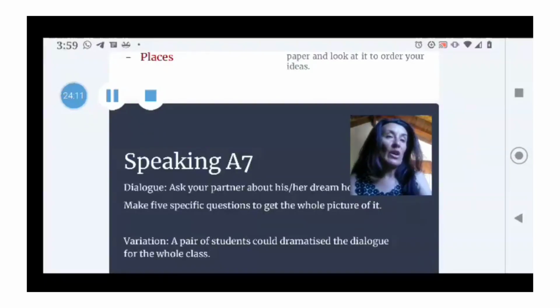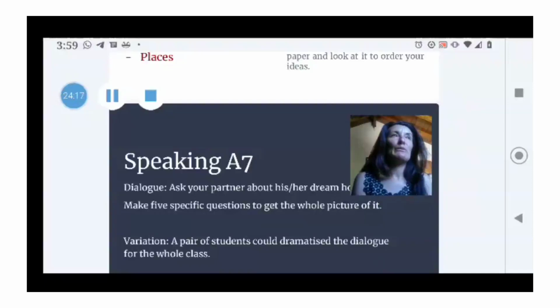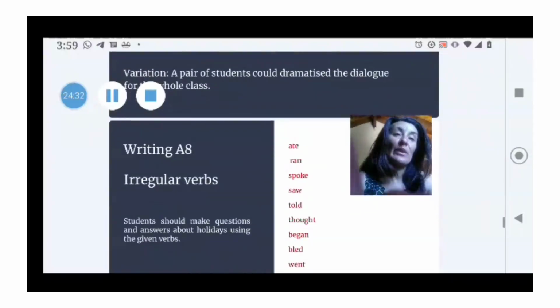We can introduce a variation here, making a pair of students, those who are the most talkative, the most extroverts, dramatize the dialogue for the whole class. It will be a funny moment of inspiration where they will continue speaking, obviously, and they will learn by doing.